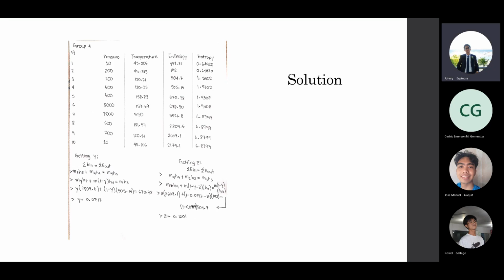So under energy input, we have state 8 and state 4, so we have the enthalpy values of these states. And as for energy output, we only have our state 5.